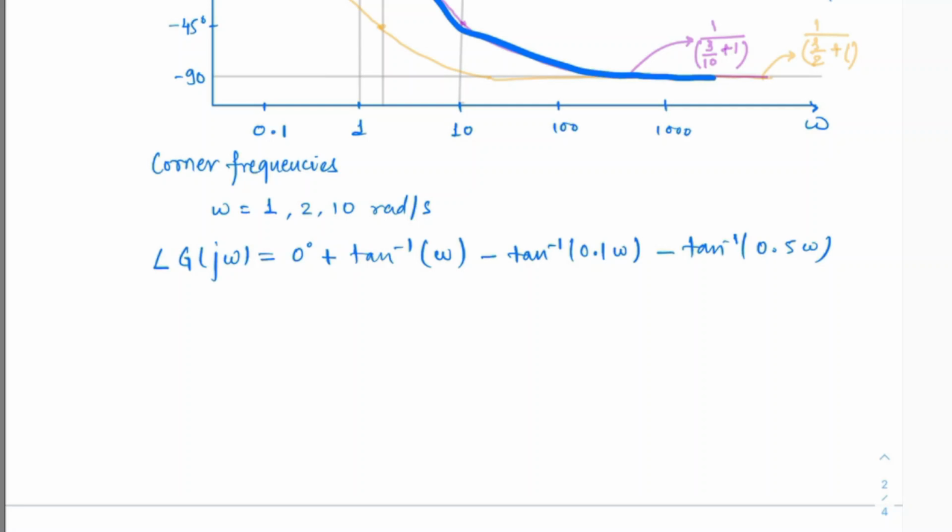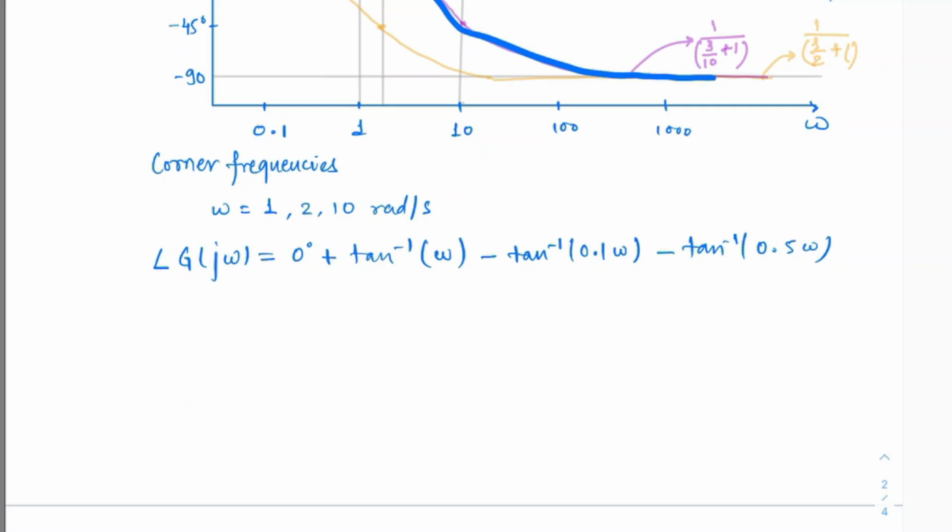So the 0 is because of the DC component, tan inverse omega because of the numerator term which has corner frequency of 1, and then the negative signed terms correspond to the poles, or the denominator portion, which correspond to the corner frequency of 10 and corner frequency of 2 with the 0.1 omega term and 0.5 omega term respectively.